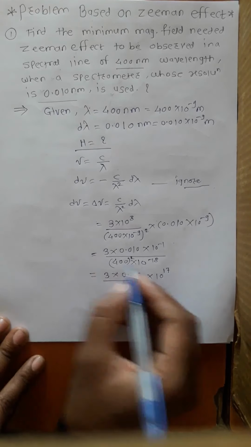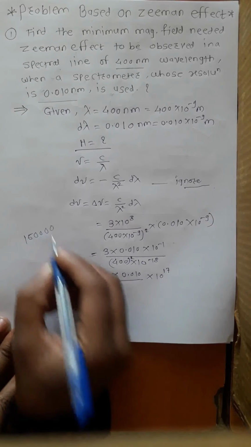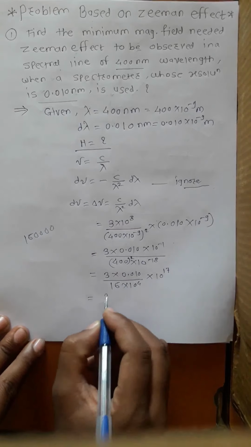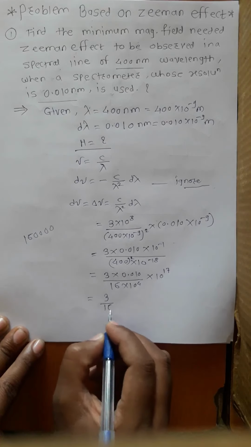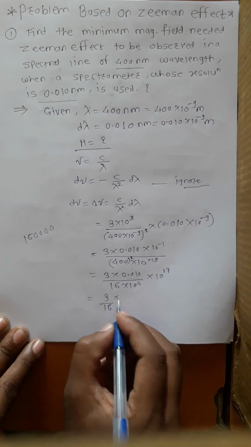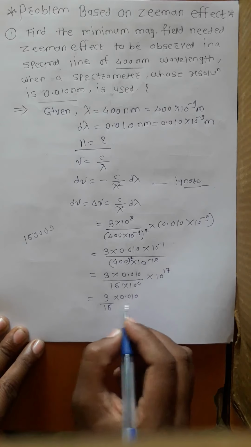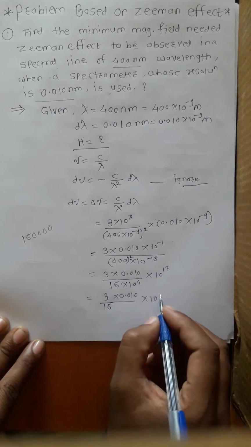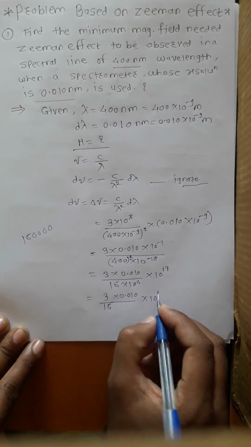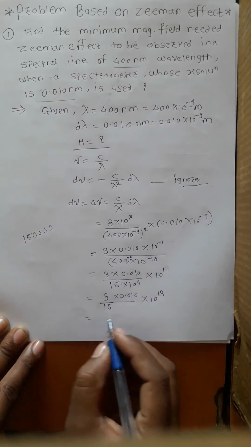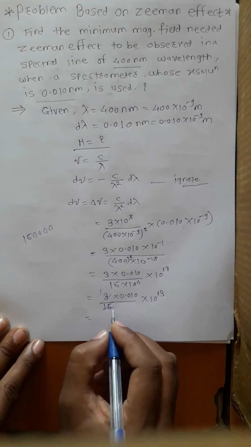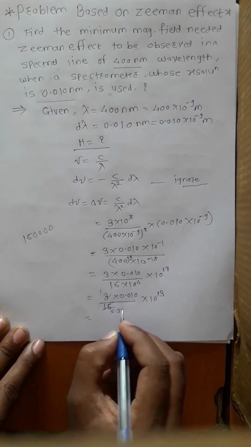What is the square of 4? It will be 16. So 16 into 10 raised to 4 is equal to 3 divided by 16 into 0.010 into 10 raised to 17, 10 raised to minus 4, that will be 10 raised to 13, and we will get the value 5.33.